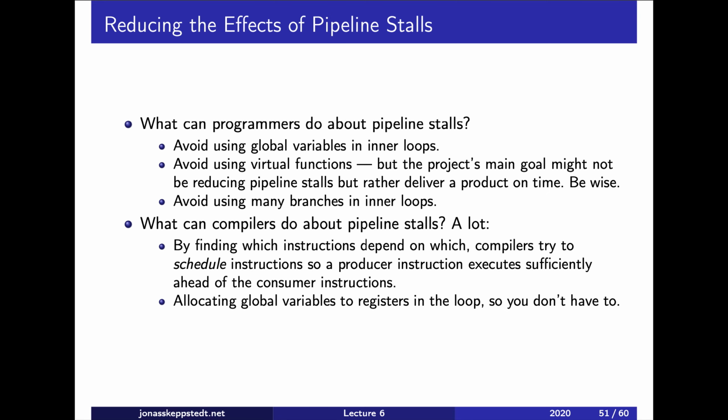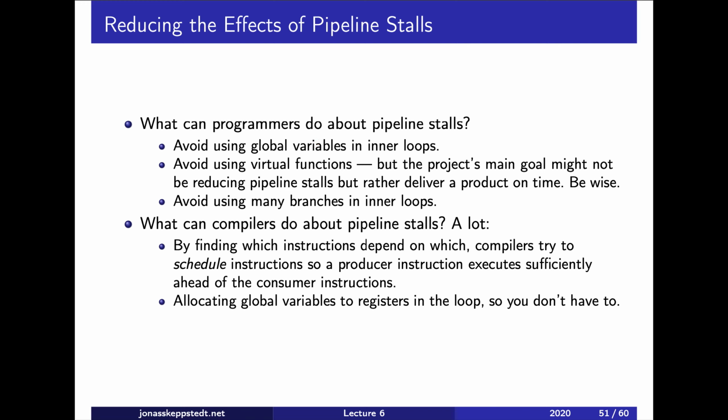So, how can we reduce the effects of pipeline stalls? Here are some that we can avoid as programmers, and some others that the compiler can do. Okay, so we can avoid using global variables in inner loops.